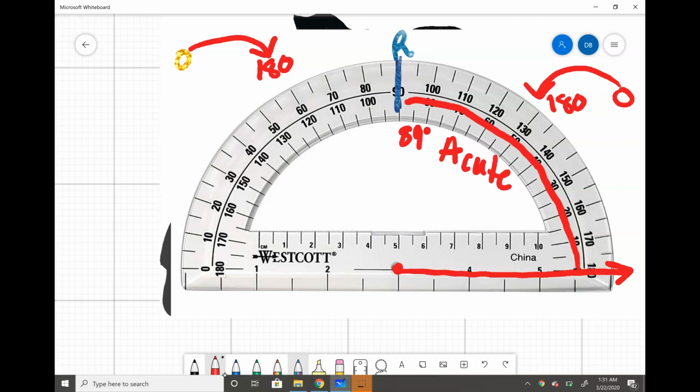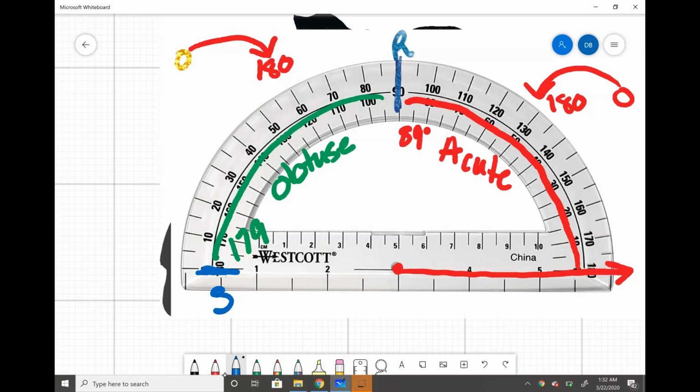And then anything past that, all the way up to 179, would be obtuse. And if I go all the way to 180, that would be considered a straight angle.